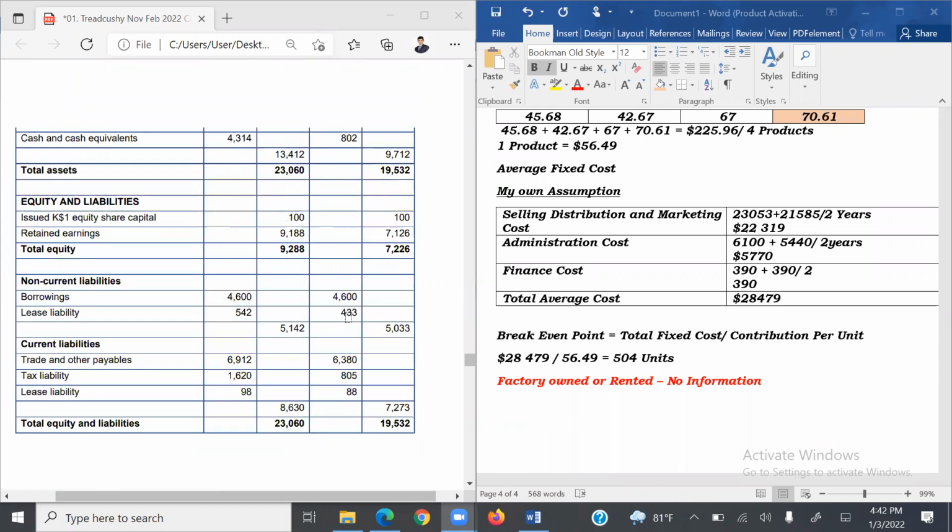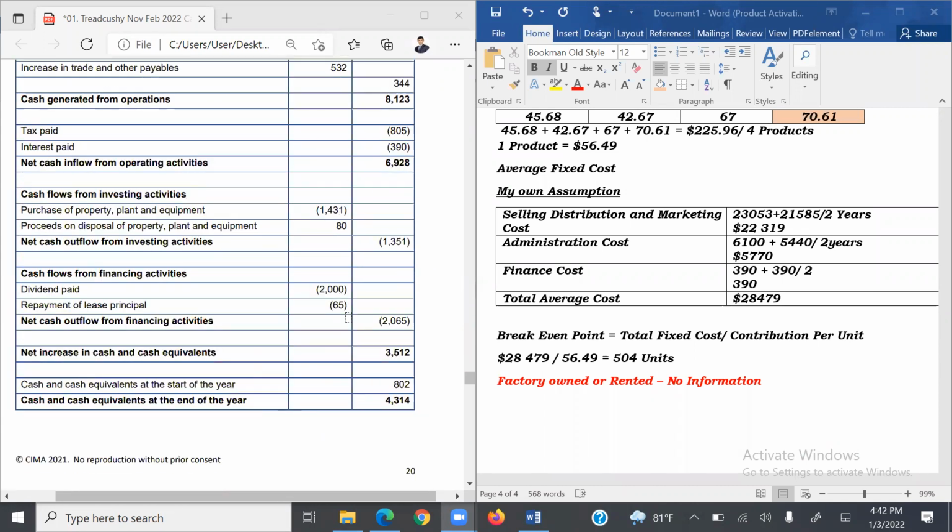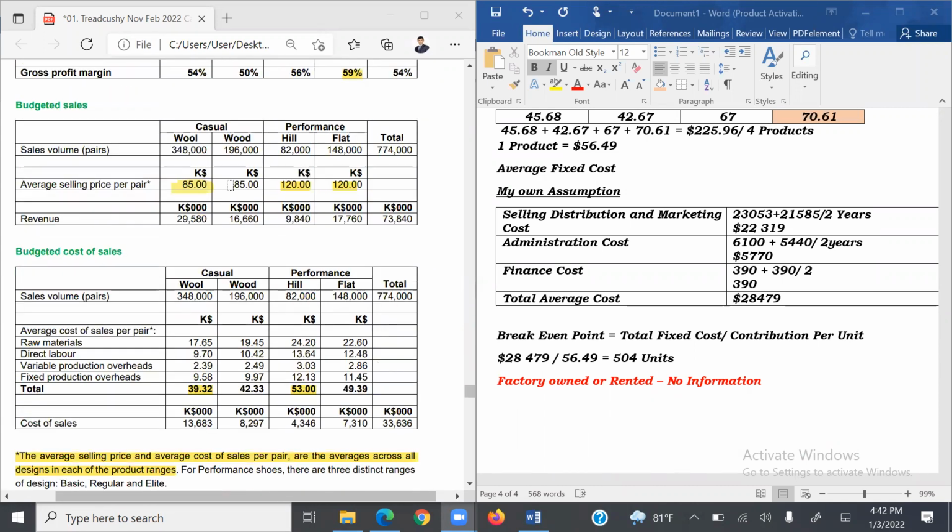So if you observe, students, we are doing this on an average basis. Let's go through the total production volume. If you see the sales volume, let's think of that as the production volume. 774,000 units, you are manufacturing for how many product ranges, students? 4 product ranges. So 774,000 divided by 4.